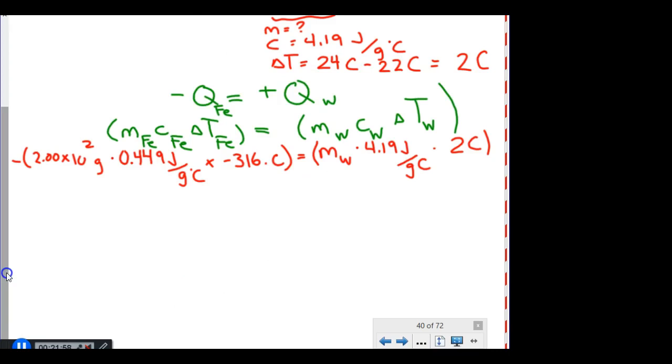I'm going to write exactly what to do in your calculator. If I want to solve for the mass of water, and I have these two things, I need to divide by these two numbers.